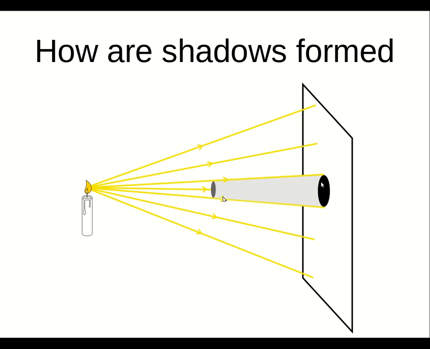So to work out the position of the shadow, we use the fact that light travels in straight lines, and we draw those two rays in to give you the top and the bottom of the shadow. So that concludes this video.